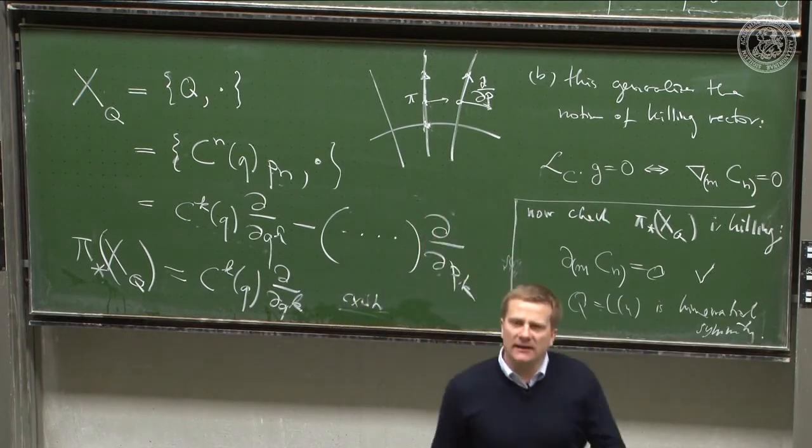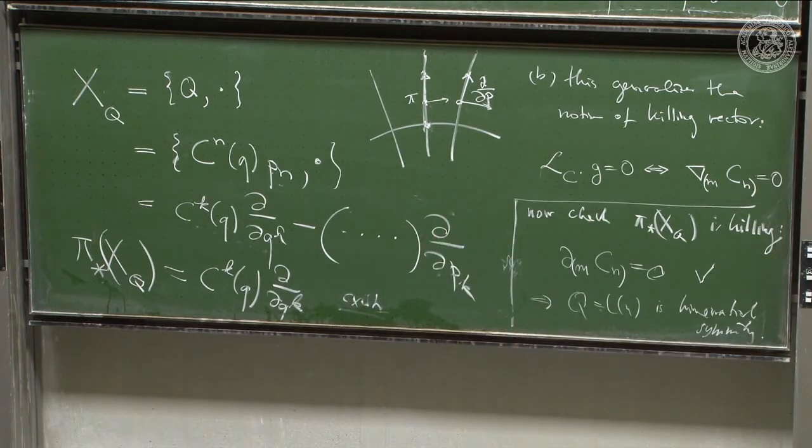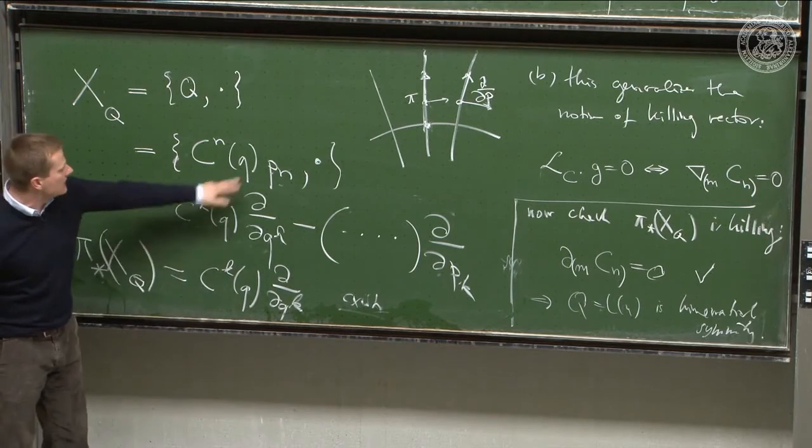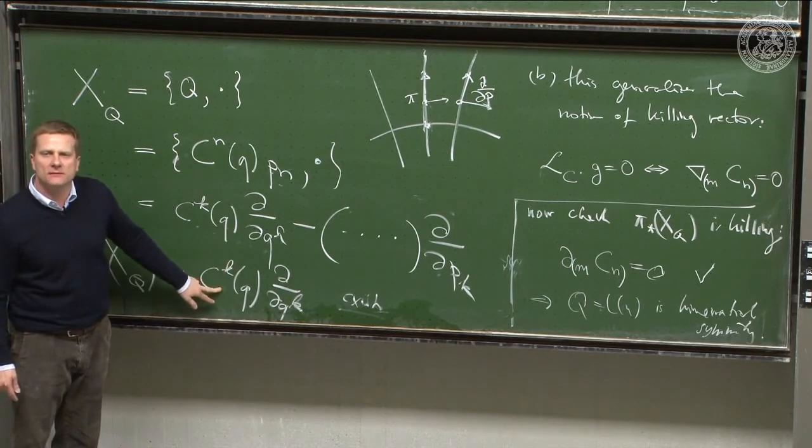And now you can look at the Lenz-Runge vector that I wrote down before, and you see it's p cross L plus something. But the L is the angular momentum, already has a p. So it's p cross q cross p, bracket around the last two. You use two epsilons, you eliminate stuff, and you get something quadratic in p. You don't have a chance that the push forward is well defined because this will still depend quadratically.